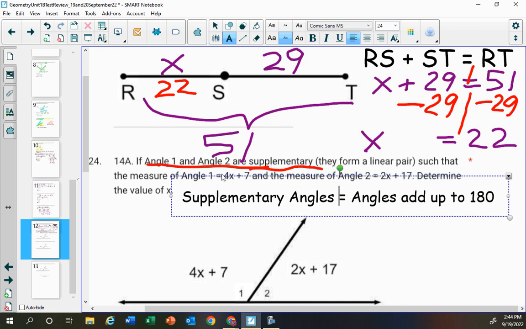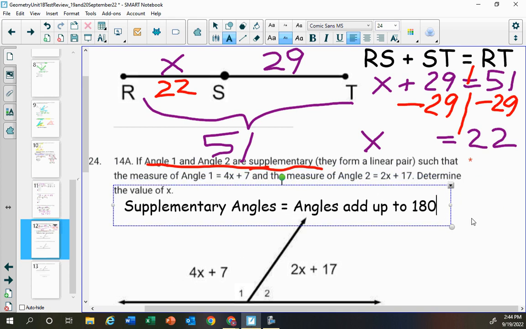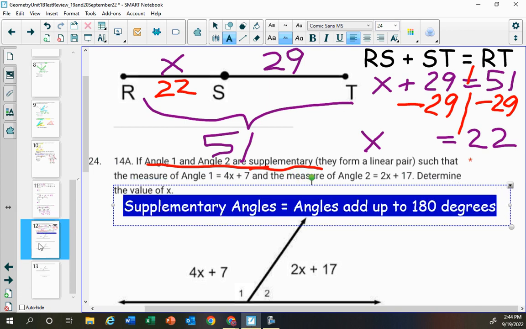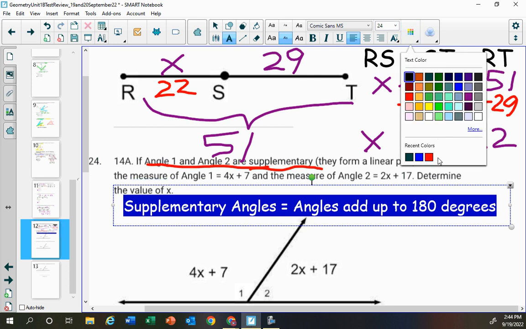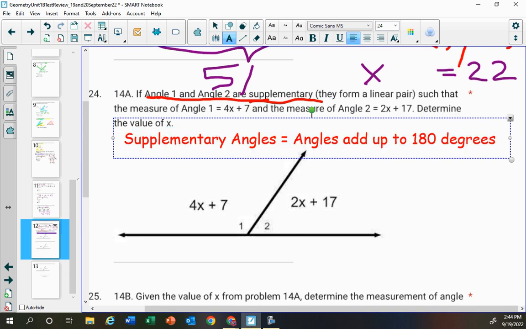So it would be 4x plus 7 plus 2x plus 17 equals 180. Perfect. Great job. Hey, she's right. That's a perfect explanation, perfect setup. Thank you, Brooklyn.